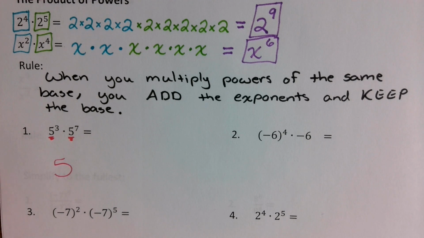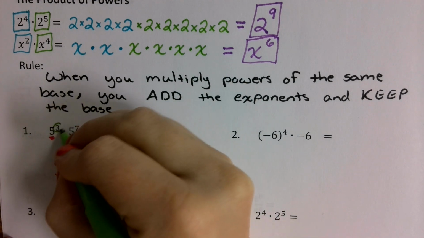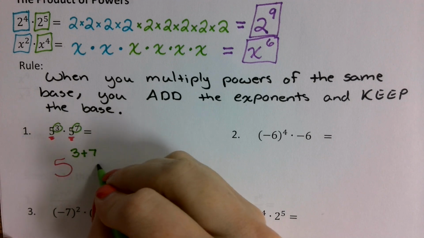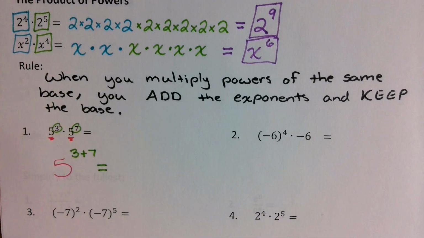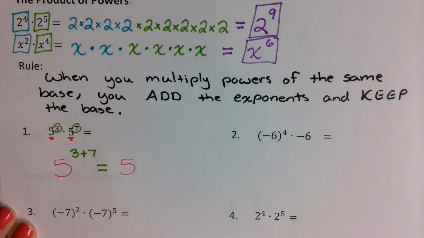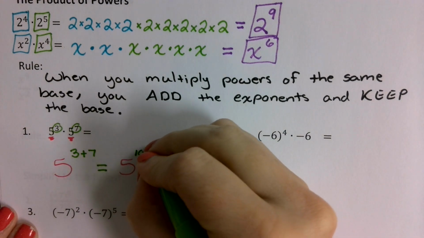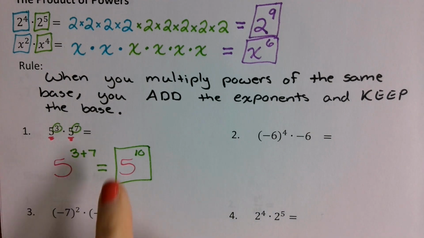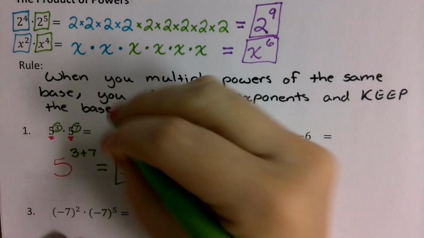It does not become 25. It stays 5. All I'm going to do is add these exponents together. So I'm going to do 3 plus 7. What is 3 plus 7? 10. So this becomes 5 to the 10th power. Okay? So right here, what I just did is I simplified.